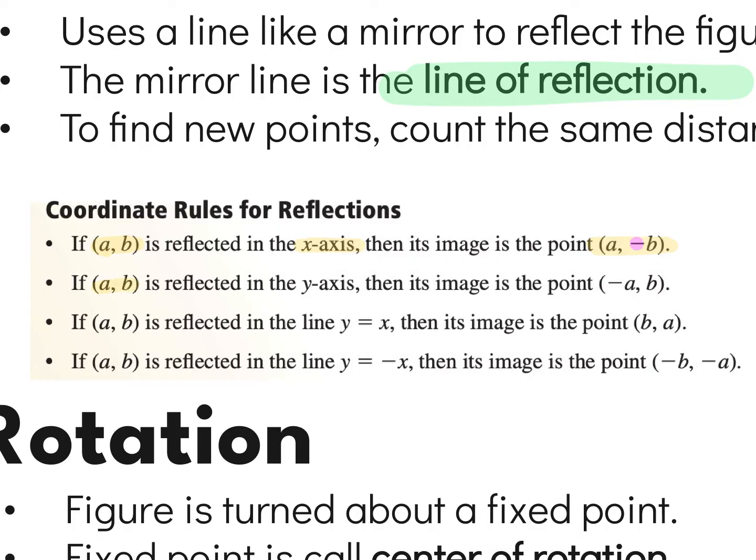Looking at the next one, if it's reflecting on the Y axis, you're just changing the sign of your A or your X. If it's reflecting where Y is X, you're switching them. If it's reflecting where Y is negative X, you're switching them and changing the sign. So just be aware of those rules.